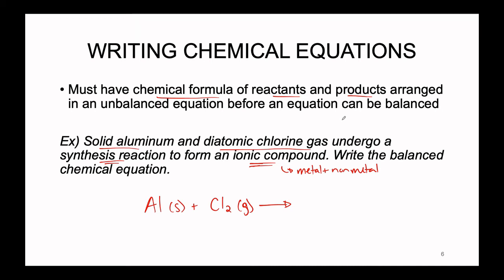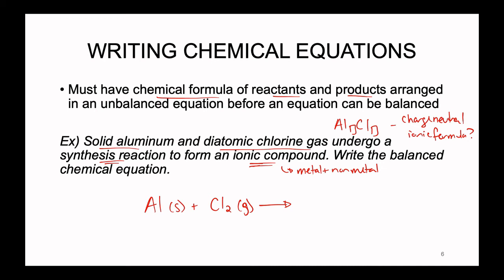So if you were to take aluminum and put it in a chemical formula with chlorine, what are the subscripts that you would need to have to make a charge neutral ionic formula? Right, so everything that we learned back in chapter 5 is still going to be useful for us now.